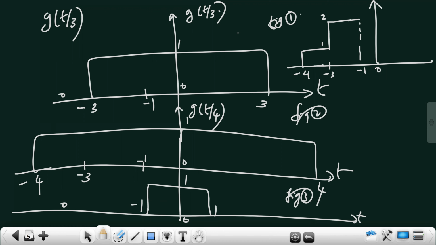From -1 to 0, all the three graphs have 1. So 1 plus 1 plus 1, it will lead to 3. Again, from 0 to 1, it will be going like this. So like this, you will get after adding. You just check it. Sorry, this is 3, this is 4.